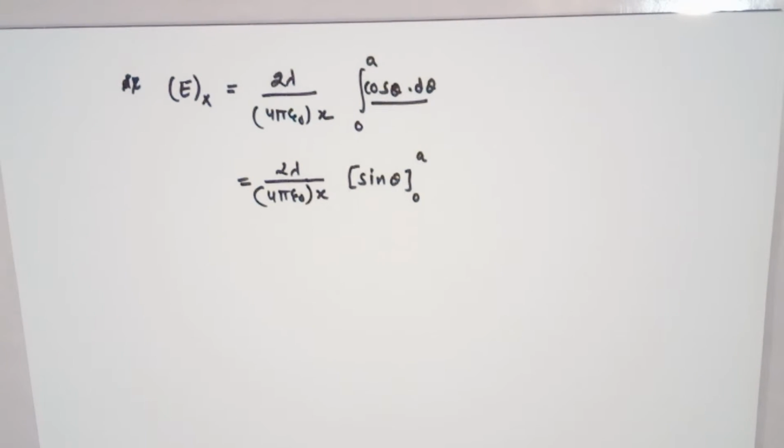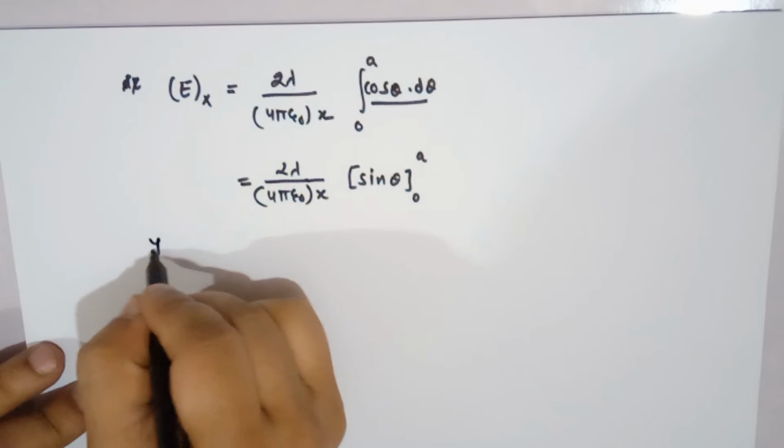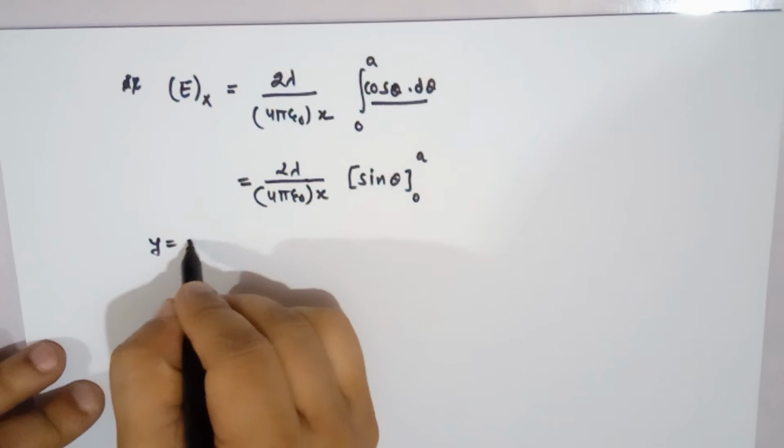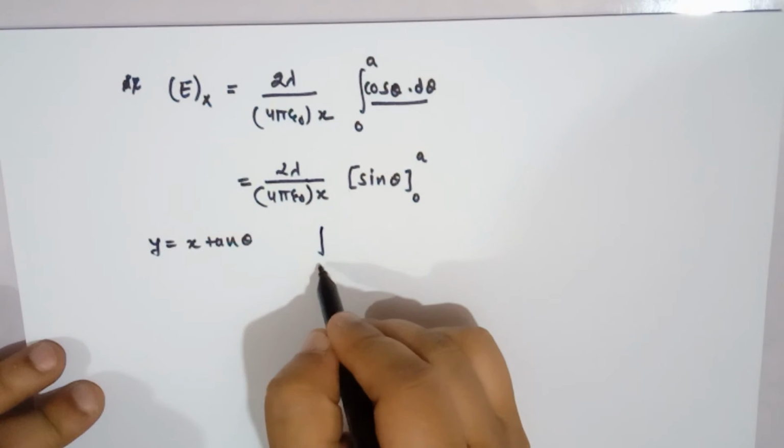So now let us consider that y is equal to x tan theta, and the limit was from 0 to a.